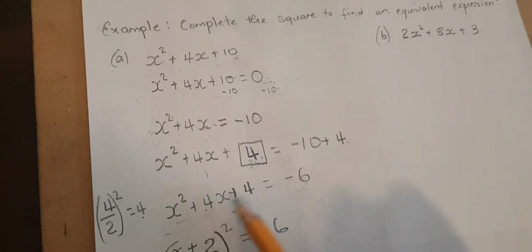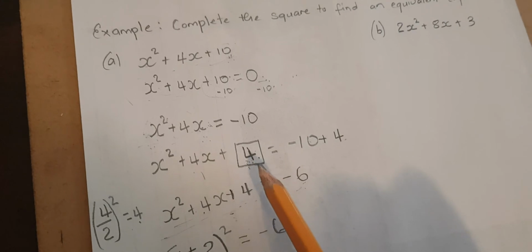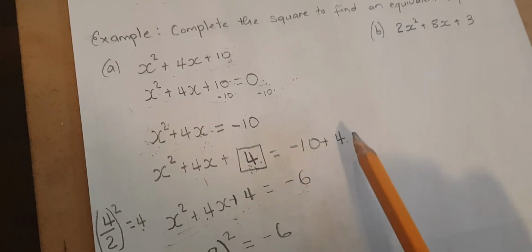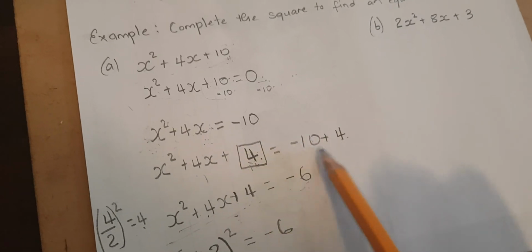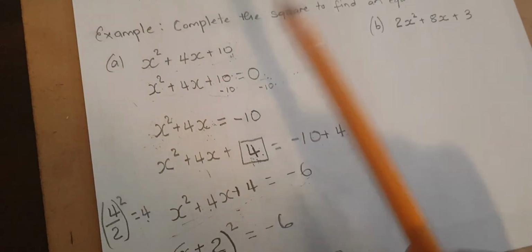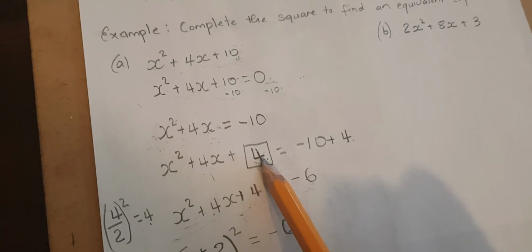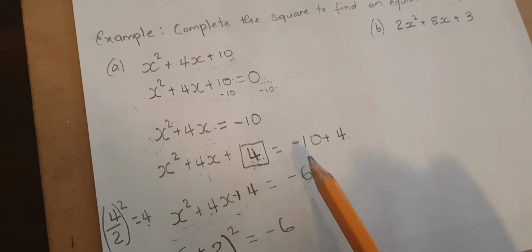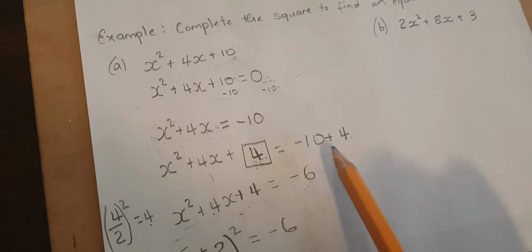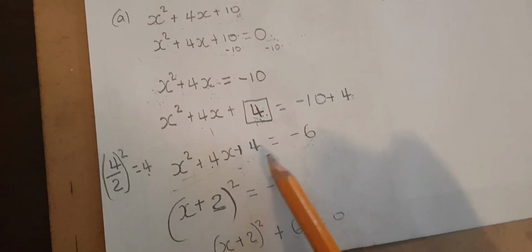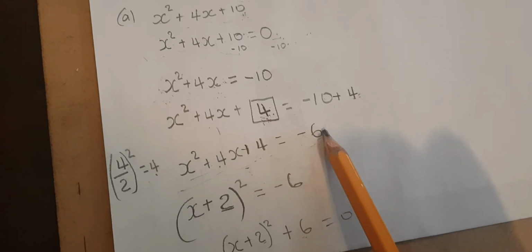We write it here, and because we add 4 to one side, we have to add it to the other side as well. If we had 10 units, we only needed 4 units to complete this square, which means we're going to have 6 left over. That is why we add that 4 to both sides, and that's where we get that 6 here.